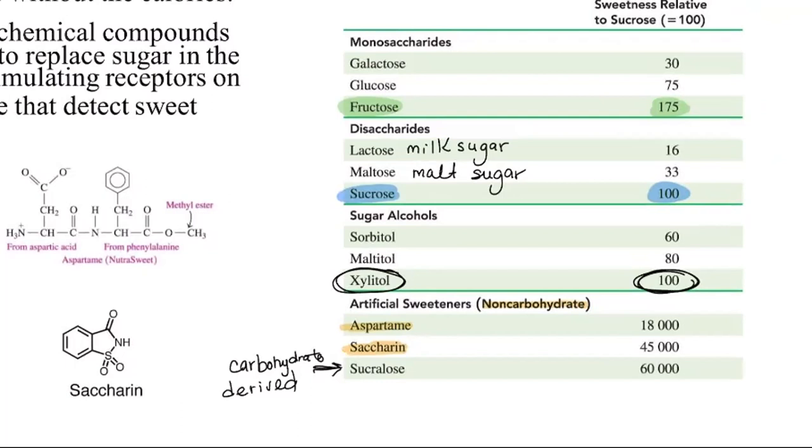Look, we're comparing 100 to 18,000. That's like 180 times more. Look at saccharin, 450 times more sweet than table sugar. Look at sucralose, 600 times more sweet.